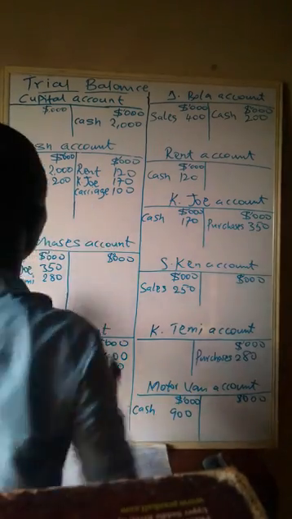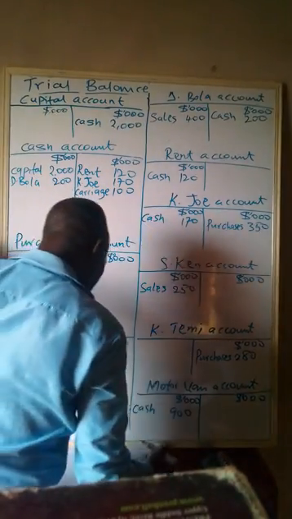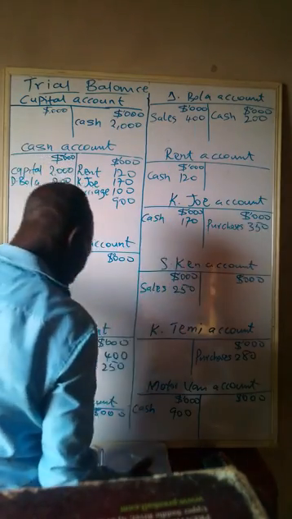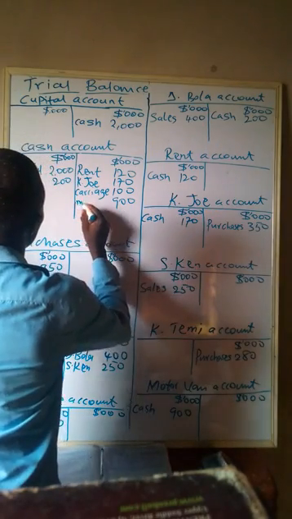And I go to cash here. Cash is given out. I come to cash here. I credit cash with motor van.